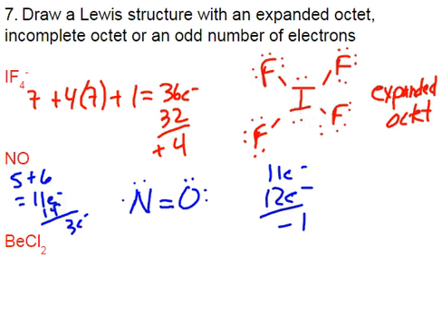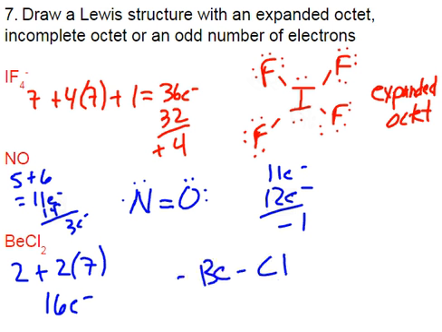And then BeCl2, beryllium is a little like hydrogen is. Beryllium only has 2. The 2 chlorine each have 7. So I've got 16 electrons total. So this is one, you just have to remember that beryllium is so small, it can't make a double bond. Why not? Because by the time you made a double bond, the chlorine would be right on top of beryllium.